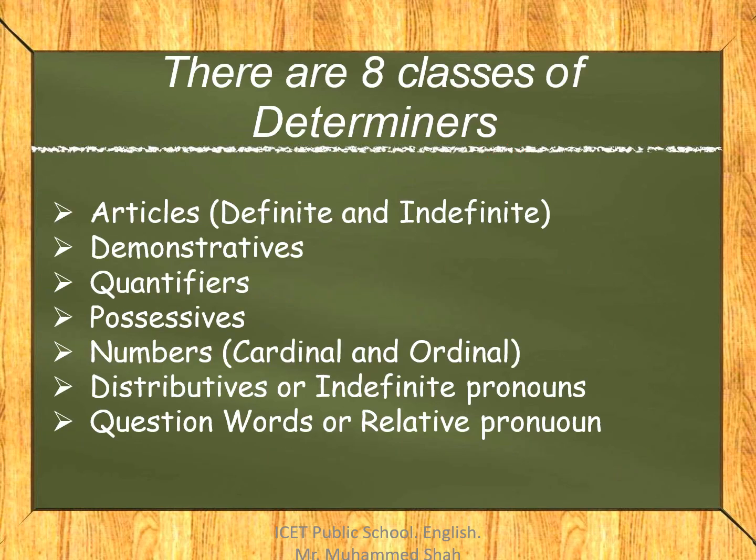In short, what we have discussed so far is this: there are 8 classes of determiners. Determiners is one of the topics in your grammar book, and the 8 classes are: articles, demonstratives, quantifiers, possessives, numbers, distributives, and question words or relative pronouns.